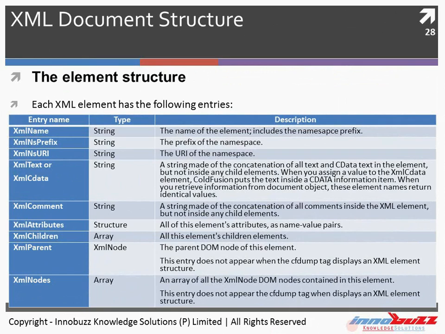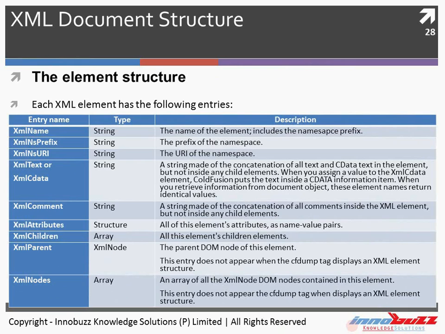The element structure. Each XML element has the following entries. You have XML name, the name of the element, including the namespace prefix. Within it you have the namespace prefix, the URI of the namespace, and also the XML text, the string made up of the concatenation of all text and CDATA text in the element.